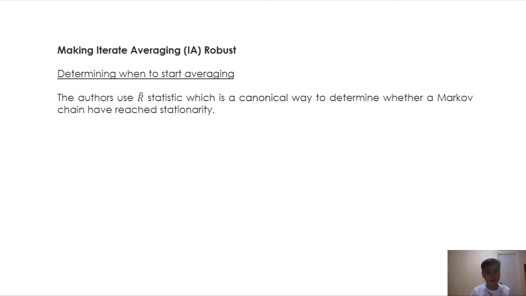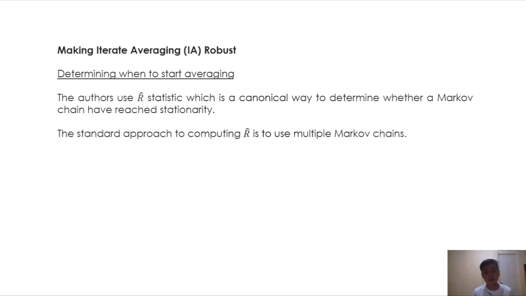The R hat statistic is a canonical way to determine whether a Markov chain has reached its stationarity. And usually we do this by computing R hat of multiple Markov chains.